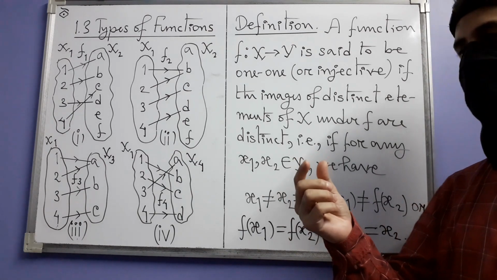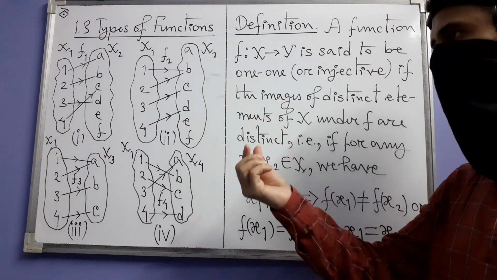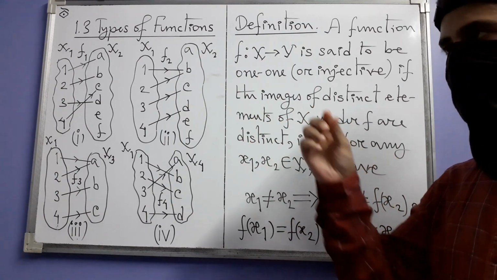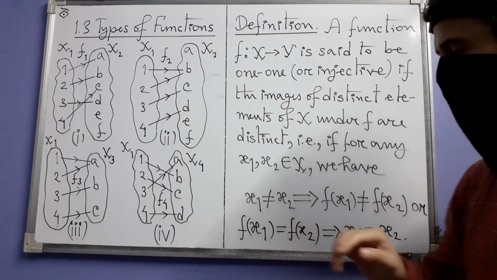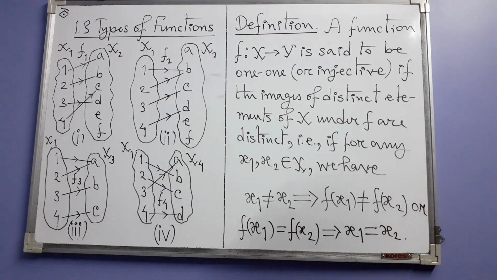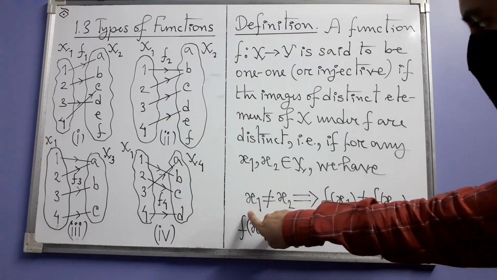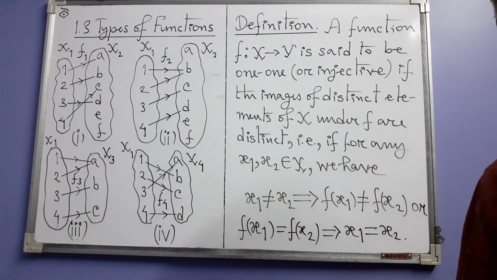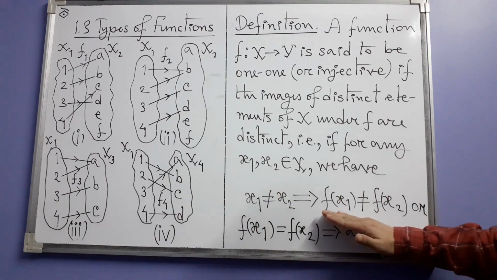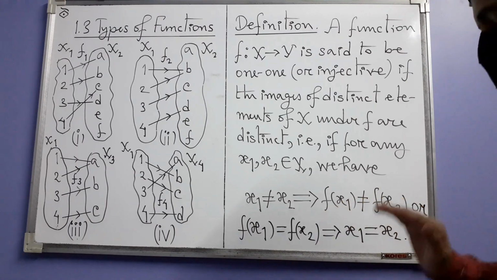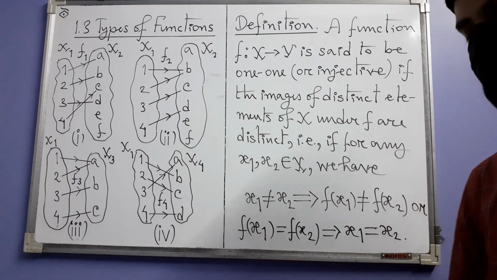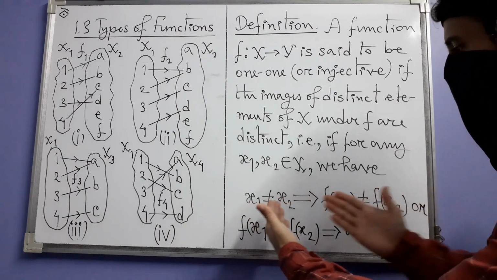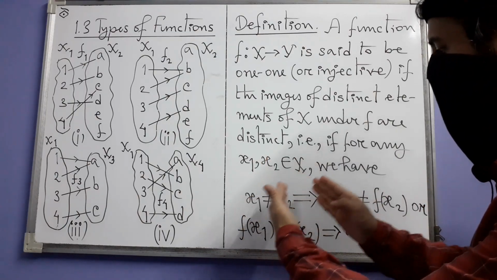An if-then statement has the form P implies Q, or if P then Q. So this is a statement of that form, where P is this simple statement that x1 is not equal to x2, and Q is this simple statement that f of x1 is not equal to f of x2. And the implication is the compound statement P implies Q.